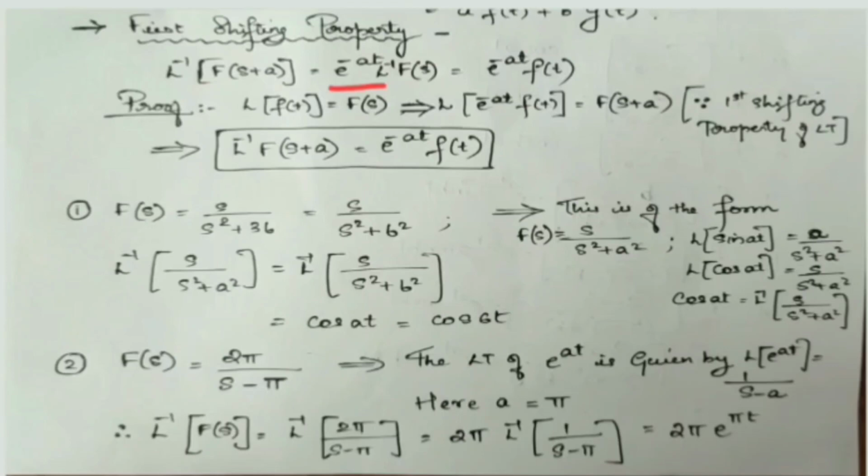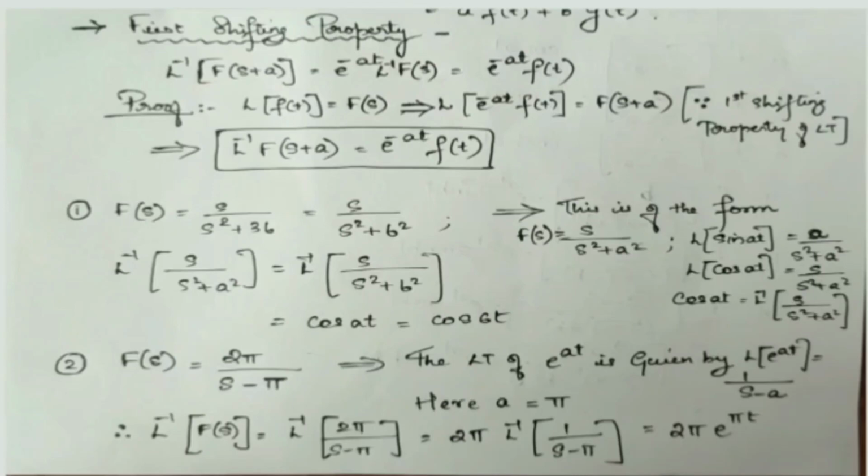So if we take this e raised to minus at, which is the reason for F of s to get converted into F of s plus a, we can get the original F of s back. So e raised to minus at Laplace inverse of F of s is equal to e raised to minus at f of t, because Laplace inverse of F of s is f of t.